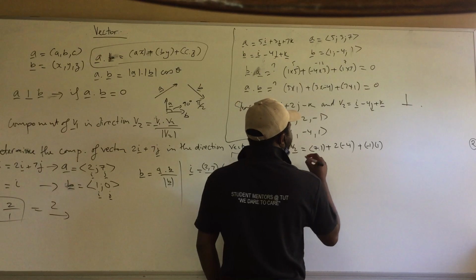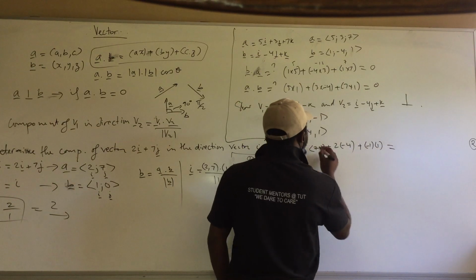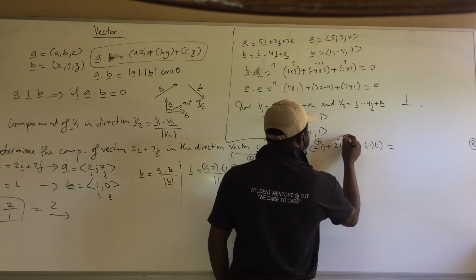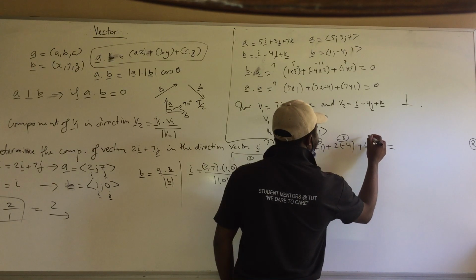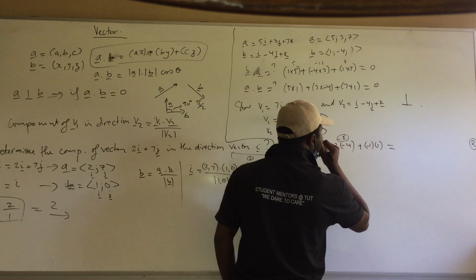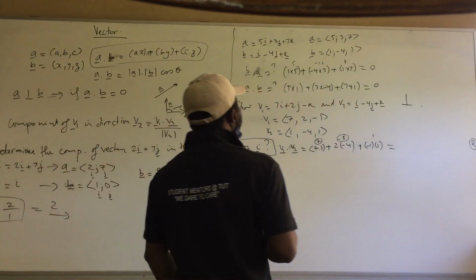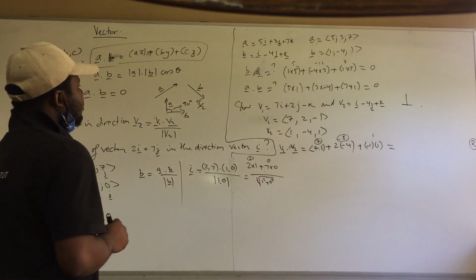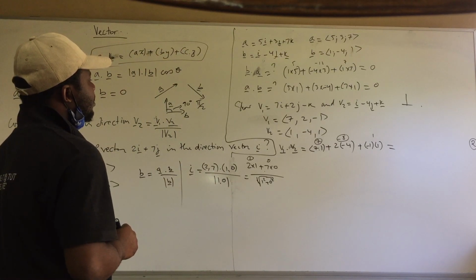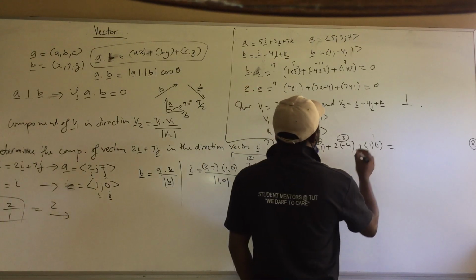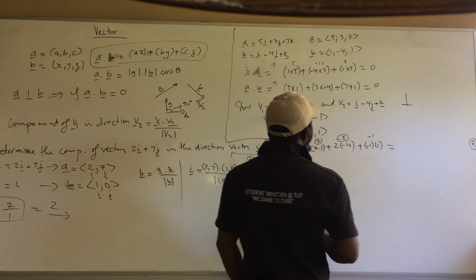This is going to give you 7 here, and this one going to give you minus 8, and this one going to give you 1. Did I copy everything? Alright. Minus 1, yeah.